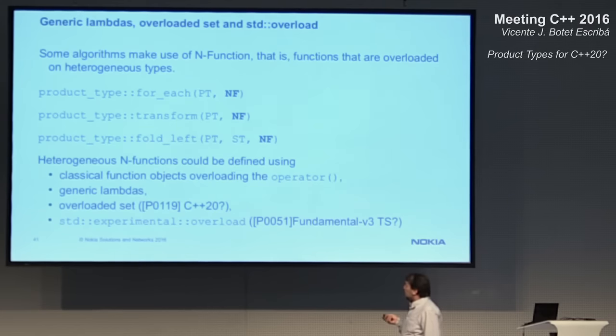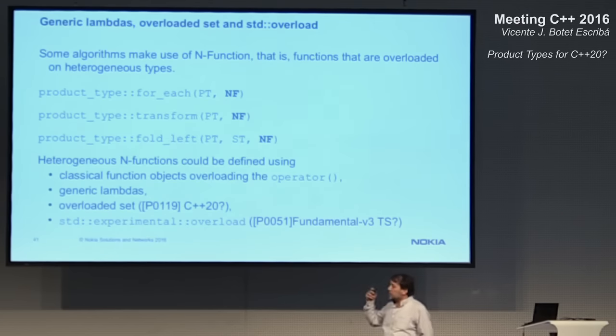Examples of these functions are for each, which will do something on each one of the elements of the product type, and transform, which will apply a function to each one of the elements and return the product type of the results. Folding, again, we will have an initial state, and we will apply a function to each one of the elements.